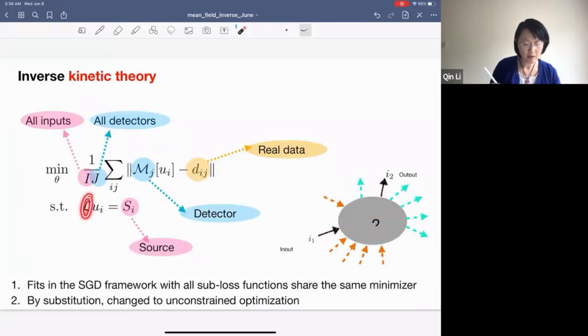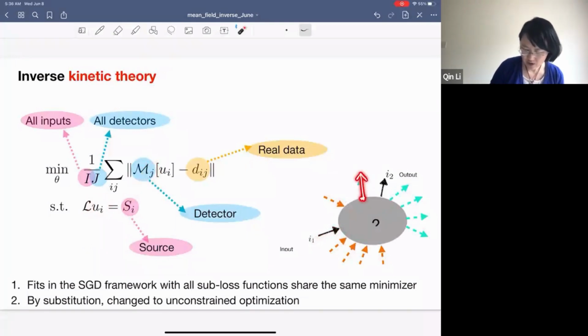L is an operator for the PDE acting on your solution, equal to the source term, and the source term is the impinging data. You give me a source, I solve the equation using this particular parameter, and I find the solution. And I measure the solution at the j's location.